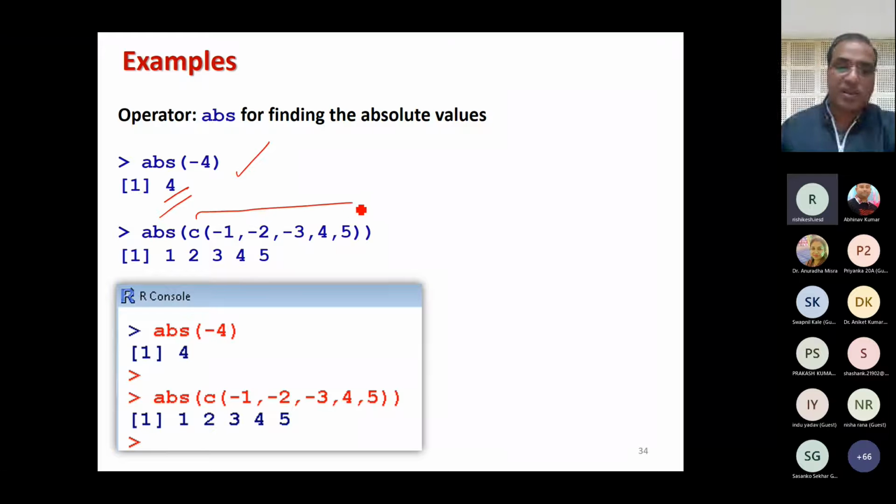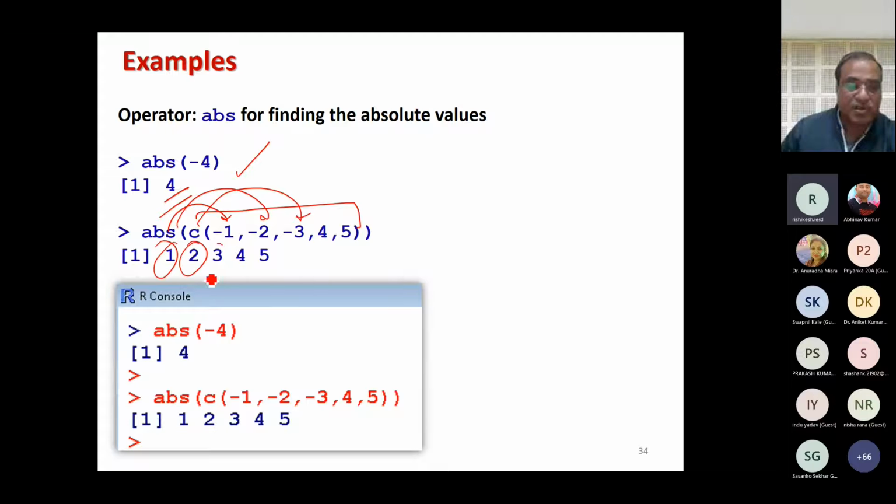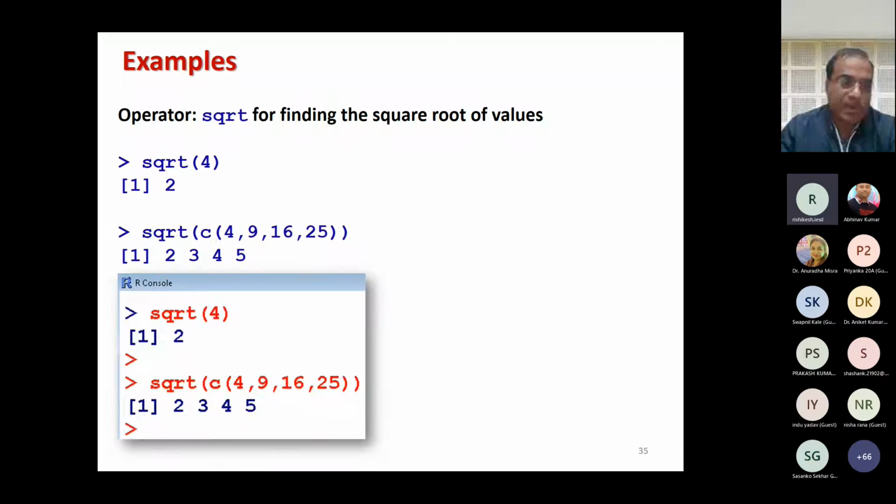Similarly, if you take a data vector, you can see that the absolute function is operated on each value. The absolute value of -1 is 1, -2 is 2, -3 is 3, and the absolute values of 4 and 5 are the same, 4 and 5. So these functions work on individual values as well as on vectors, operating on each individual value.